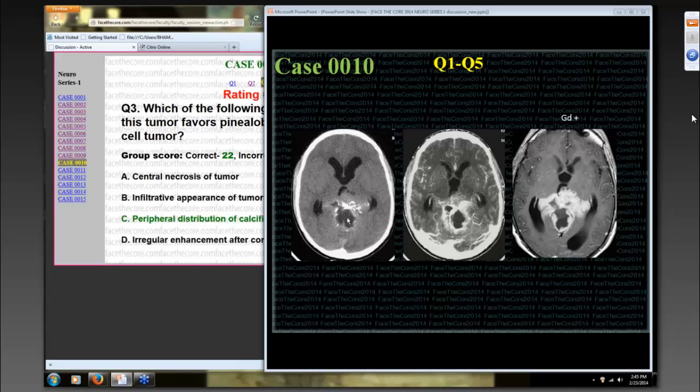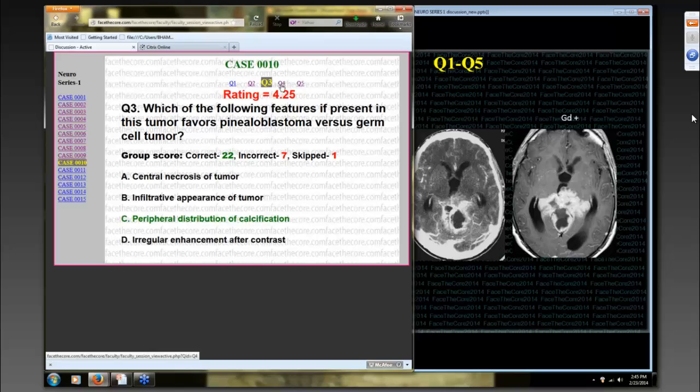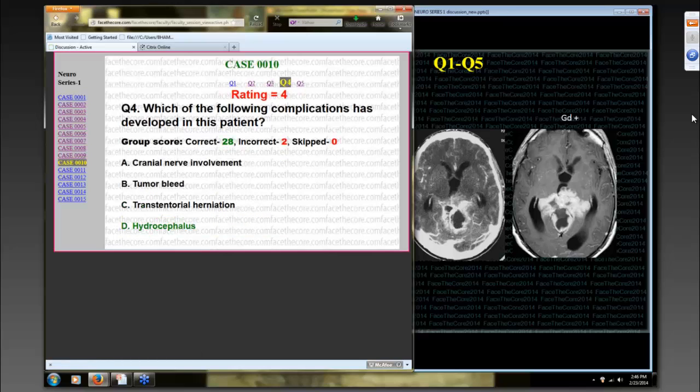And in cases of germ cell tumors, the exact opposite happens, that the tumor is there and the whole calcification is buried right in the middle of the tumor itself. So presence of calcification, or the way it is distributed, can give you a very good idea as to whether it is a germ cell tumor or a primary pineal parenchymal tumor. In this case, this is a peripheral distribution of the calcification that you are seeing.